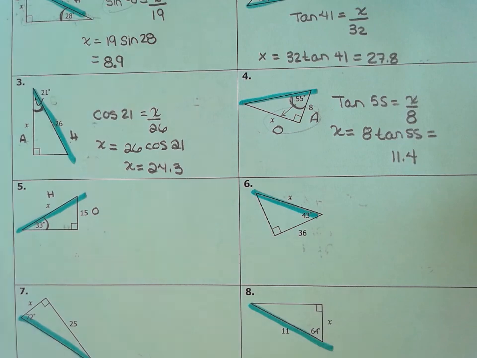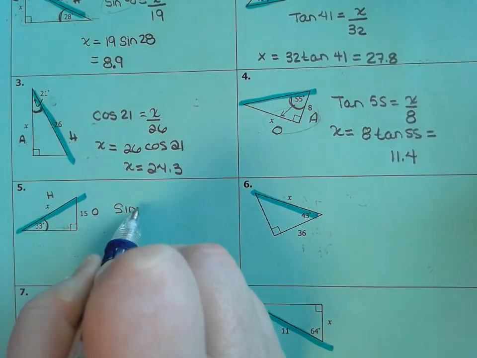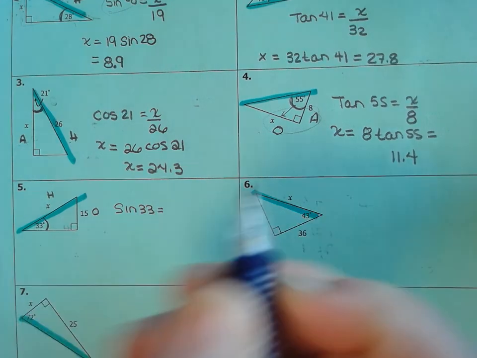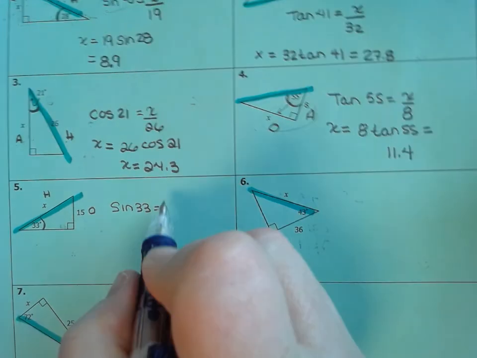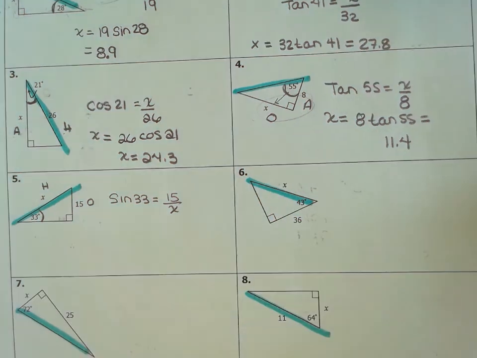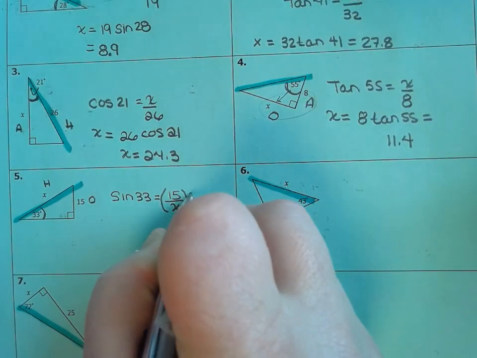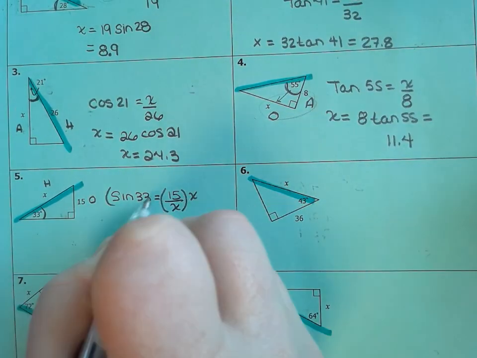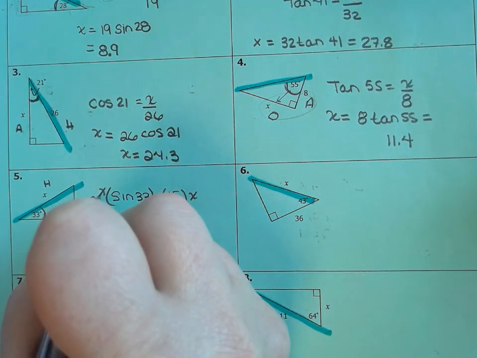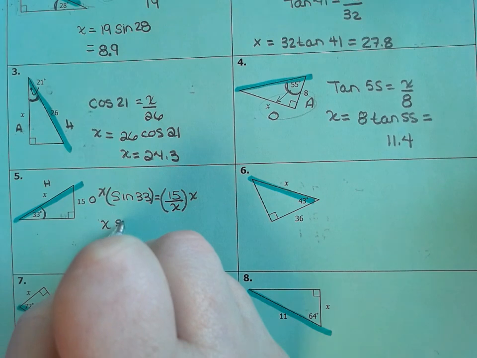So I set this up as the sine of 33 degrees is equal to the opposite side, which is 15 over x. Now, when we have a variable at the bottom, we don't like to be dividing by it. So what we do is we multiply both sides by that variable. And then I have x times the sine of 33 is equal to 15.